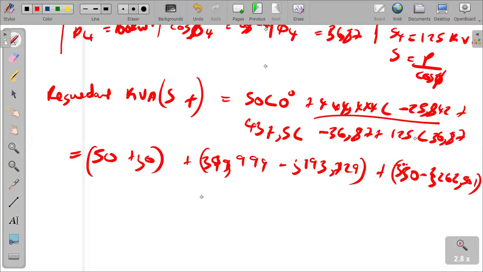We go again to the other one, 125 angle of 36.87 is 99.999, which gives us 100 plus j75.